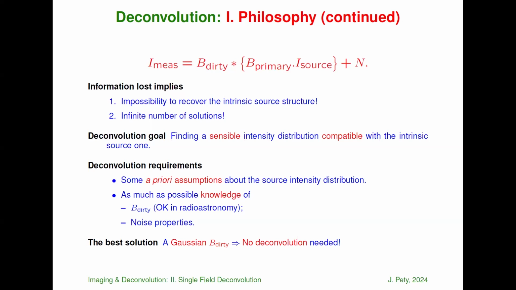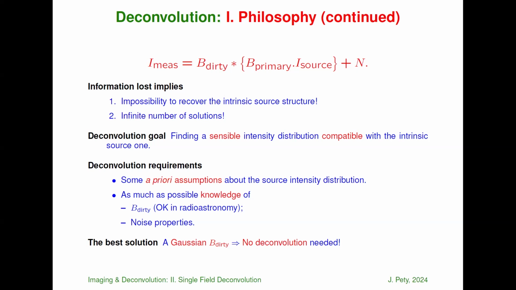This is the deconvolution requirement, and it is what will define the class of deconvolution algorithm you're using. And of course, you need as much knowledge as possible of the dirty beam and the noise properties. If you had no knowledge of this, it would be hopeless, but in radio astronomy both of them are very well defined.